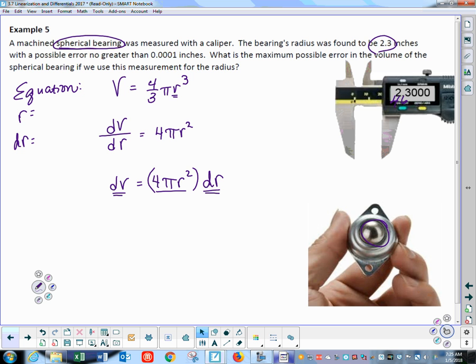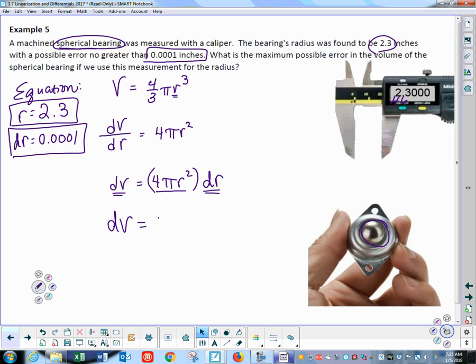So if we reread, it says the bearing's radius was found to be 2.3. So I know my radius, and this measuring device we know has accuracy to 0.0001. That is our dr then. So dV, the change in volume, will be equal to 2.3 squared times 0.0001.